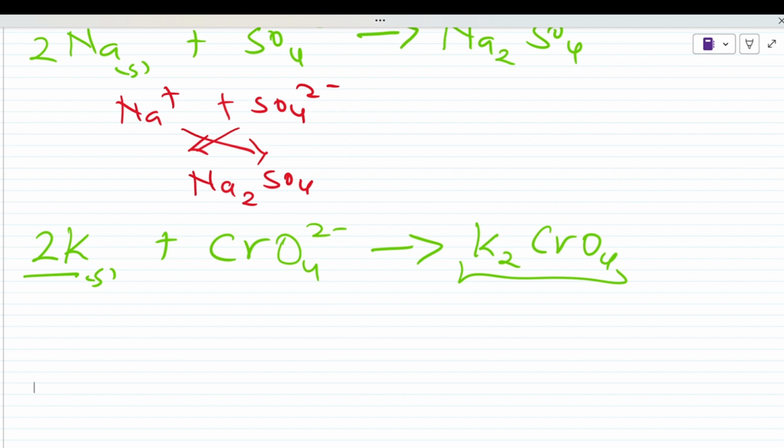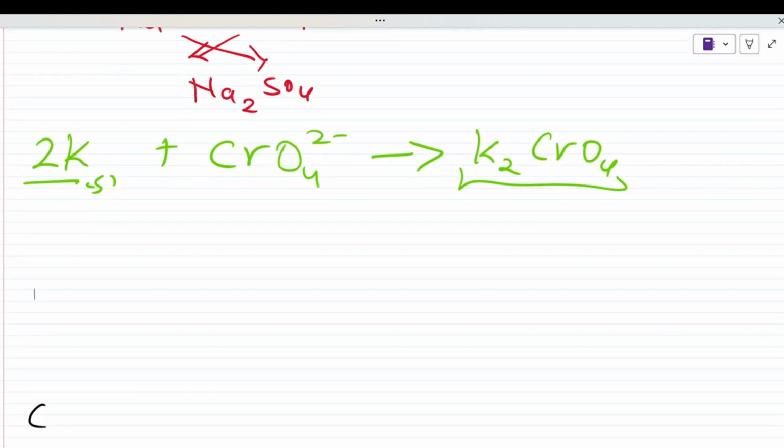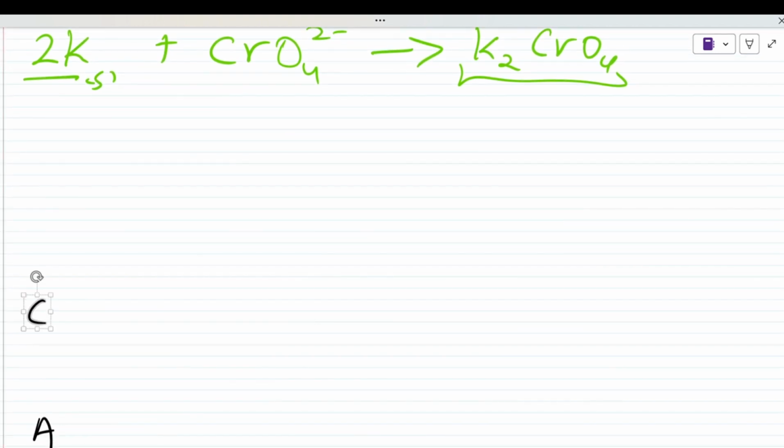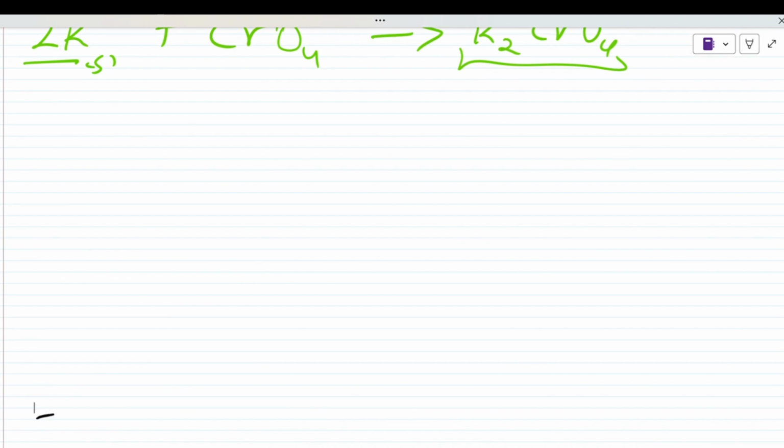Then you can go ahead and try for group 2. I'm going to do one for group 2 so that you can use it as your example, or you can follow. I'm going to have Mg solid reacting with any dichromate, but mostly it doesn't react with dichromate.